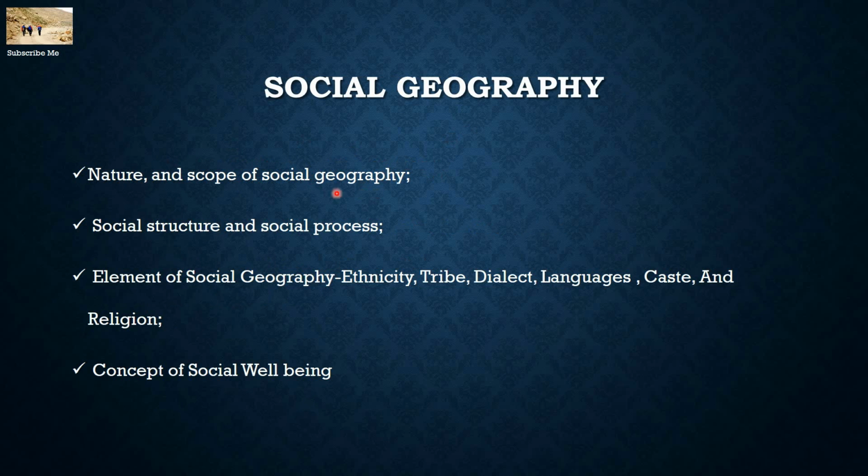Social geography includes the nature and scope of social geography, social structure and social processes, elements of social geography, ethnicity, tribe, dialect, language, caste, and religion. It is basically the study of different societies related to different geographical areas and terrains all over India and the world. The concept of social well-being and so on.